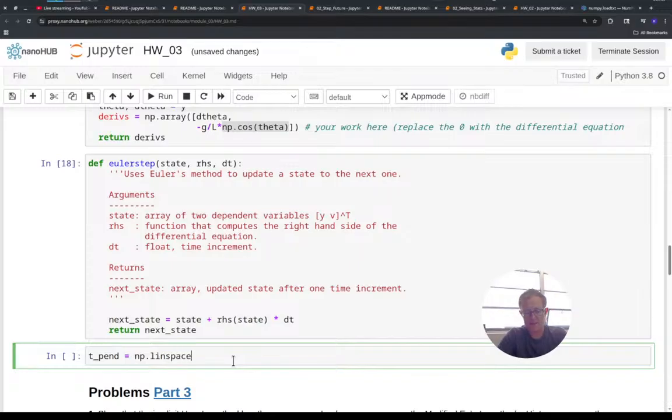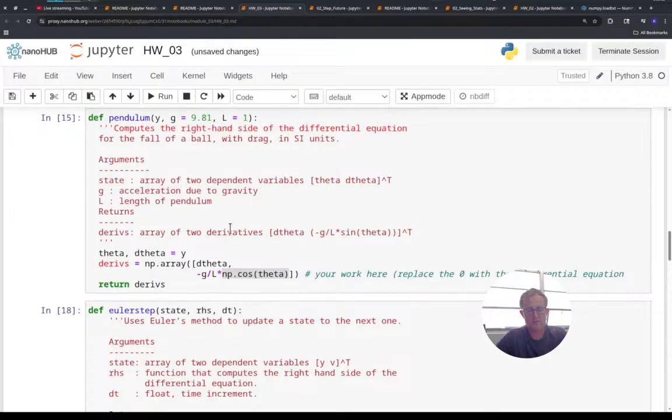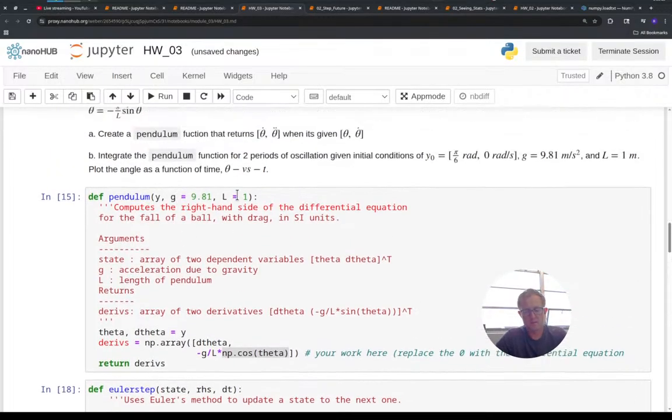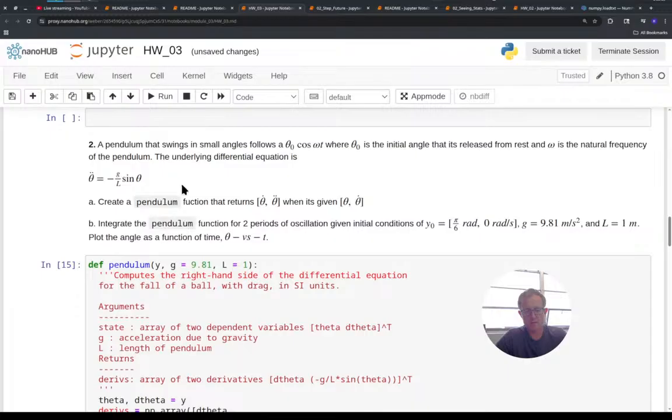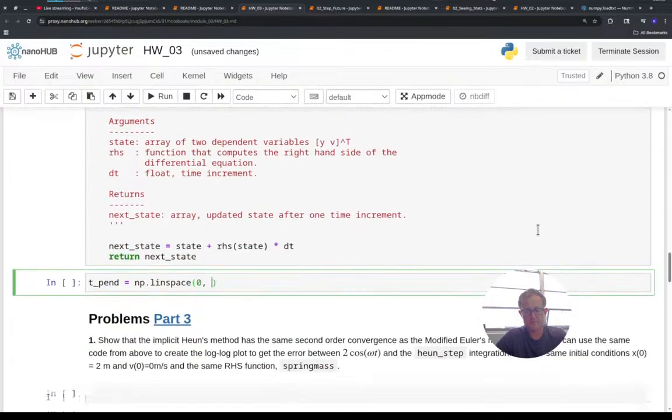I like linspace personally, so I'll go from 0 to 4 times 2 pi divided by np dot square root of g over L, so 9.81 over 1 meter.